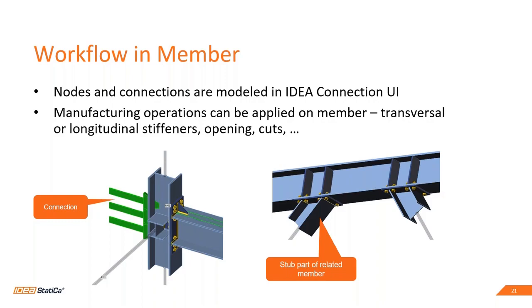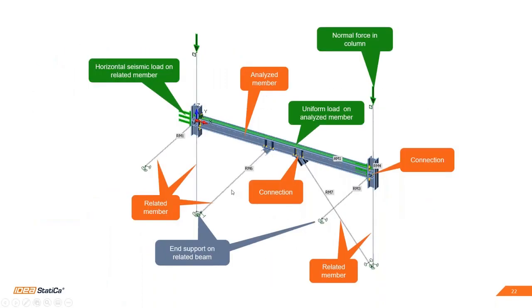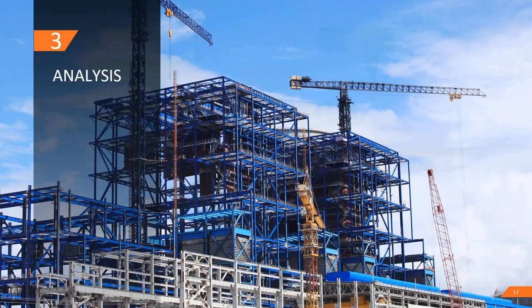You will model the joint, the connection, and you can also add other operations along the member. So you can add some openings, stiffeners, cuts, etc. And that's it. We have the completed model and we can continue and analyze it.